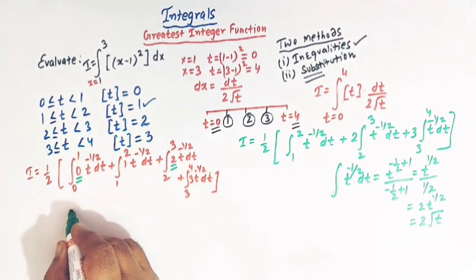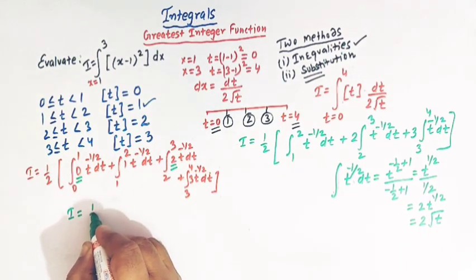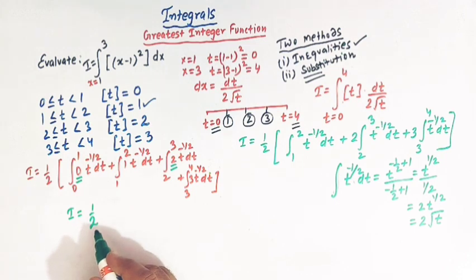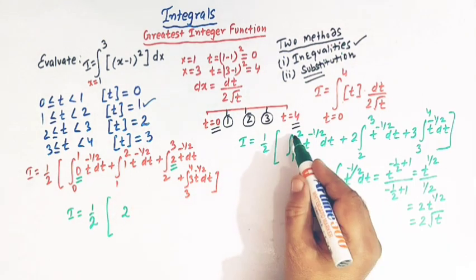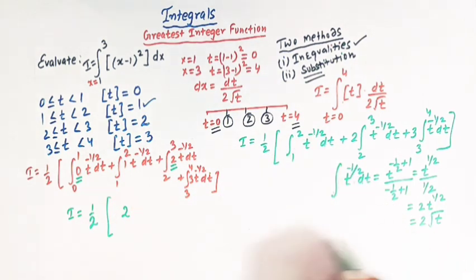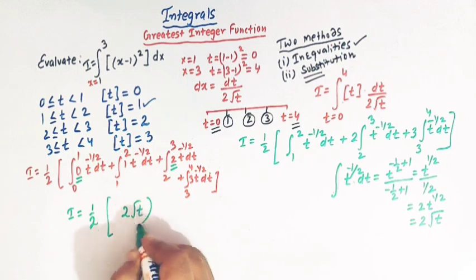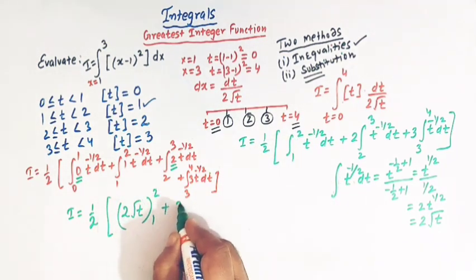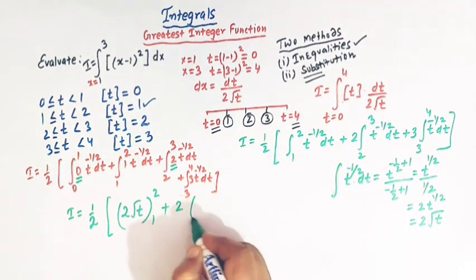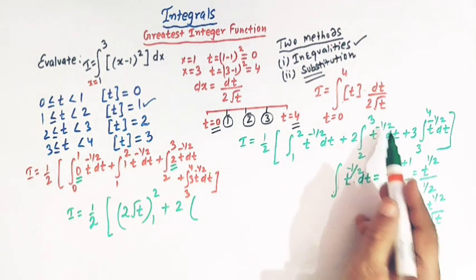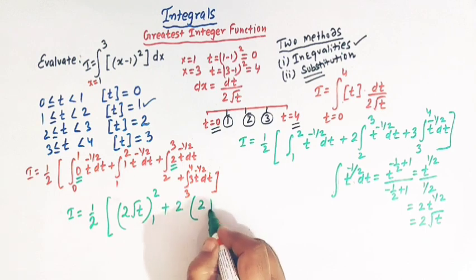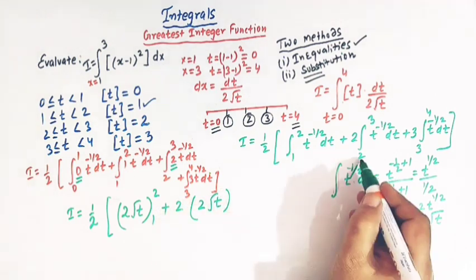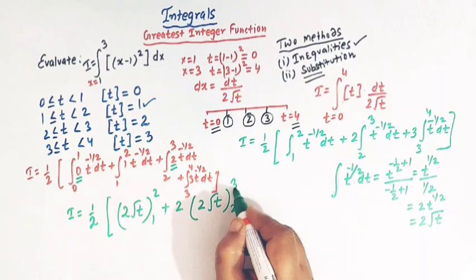So here now this integral I can be written as half, and then we have here 2 root t, the integral of t raised to minus half, with limits of integration from 1 to 2. Then we have here 2 times the integral of t raised to minus half, which is 2 root t, with limits of integration from 2 to 3.